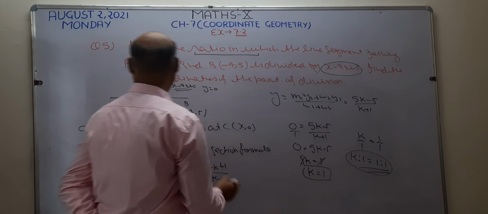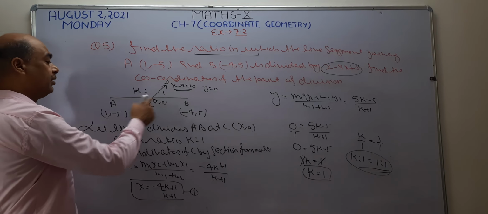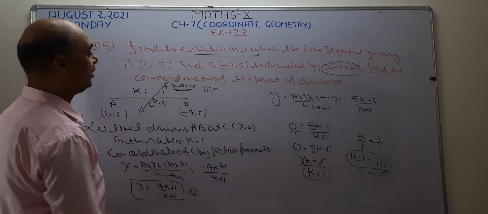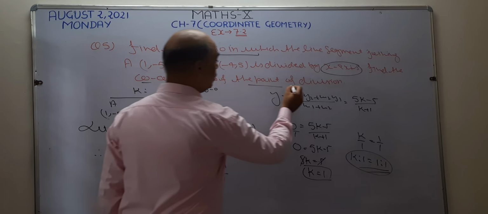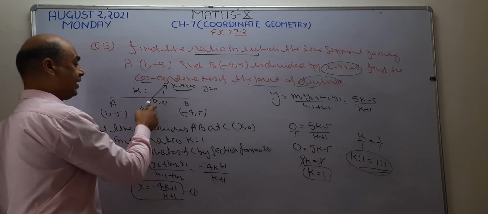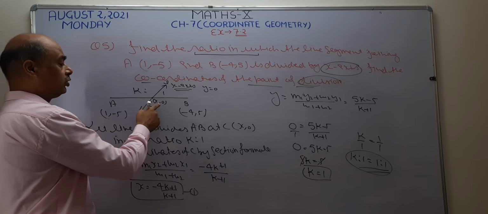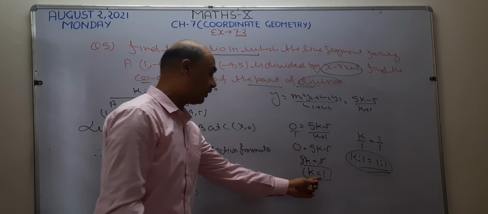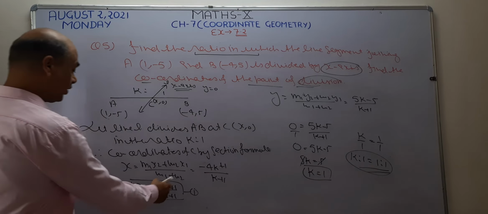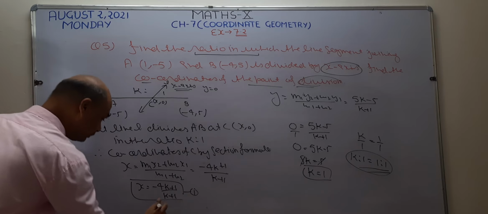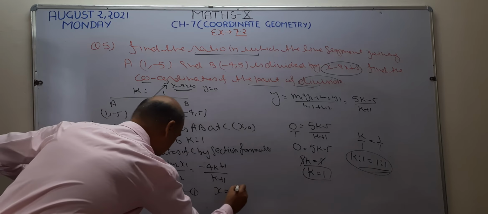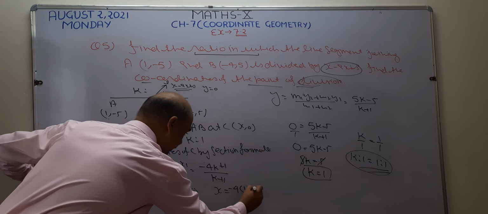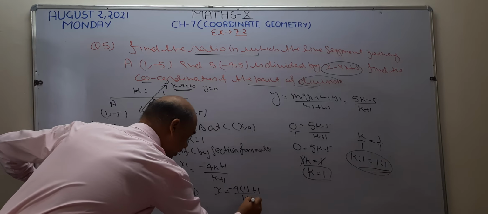Now this becomes k ratio 1, which is 1 ratio 1. So this point C divides AB in the ratio k ratio 1. But in this question we also have to find the coordinates of the division. This point C divides this line segment, so I want to find the coordinates of C. For this I want to find the value of x. Now the value of k becomes 1, so I put the value of k in this equation. This equation has minus 4, and the value of k is 1, so I substitute the value of k here, 1 here and 1 here also.